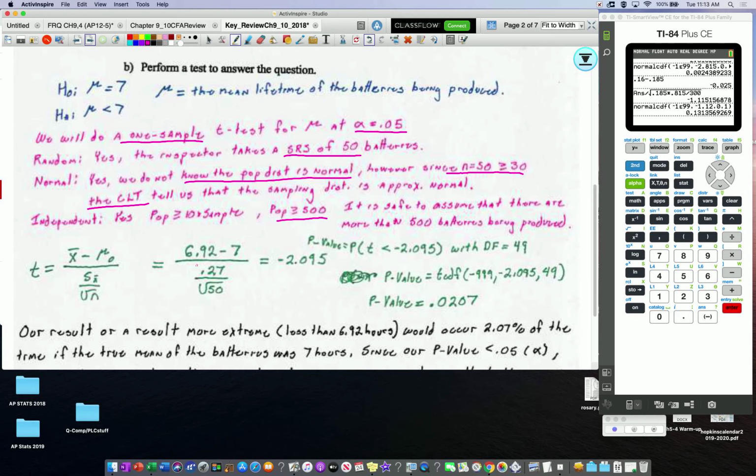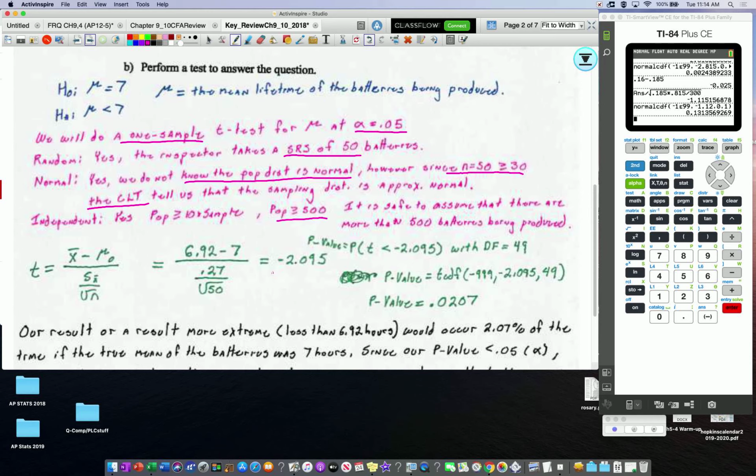Okay? So 6.92 was our sample mean. We wanted 7. So the question is, is this sample mean significantly low enough to say these batteries are bad? Our standard deviation was 0.27. Our sample size was 50, so the square root of 50.